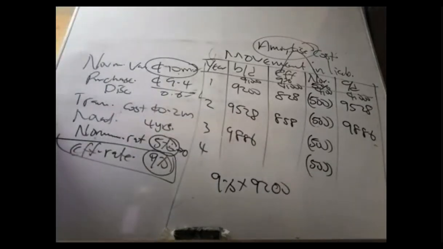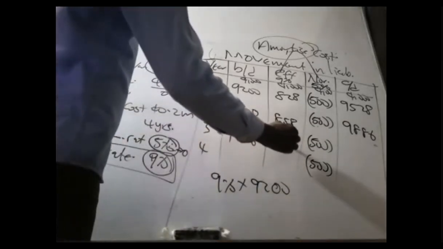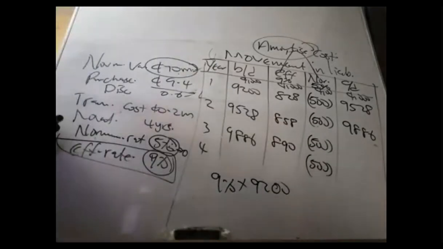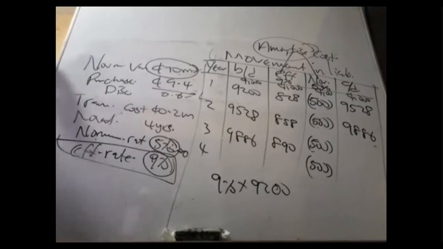Again, we find 9% of this figure and we keep it as the effective interest rate. That's 890. Again, we amortize it by taking this one from it and adding back to the liability at the start.